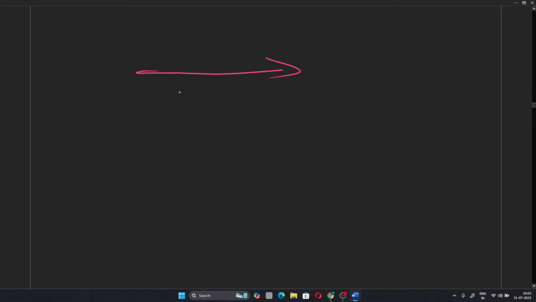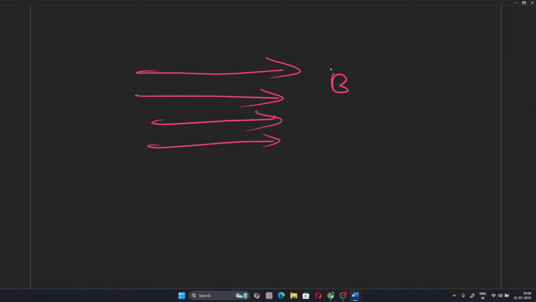Let's assume this is the direction of the magnetic field. Now let's assume there is a positively charged particle, plus q. It has a velocity v, where the angle between velocity and B is theta.